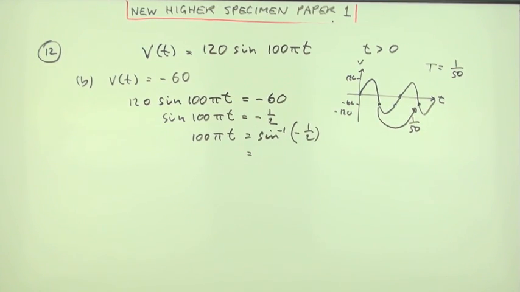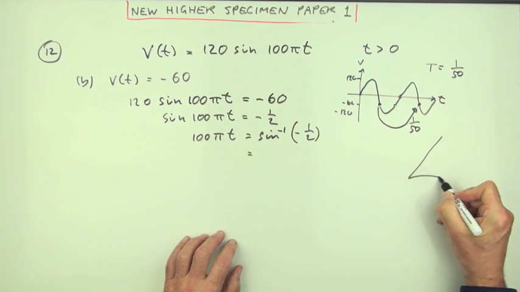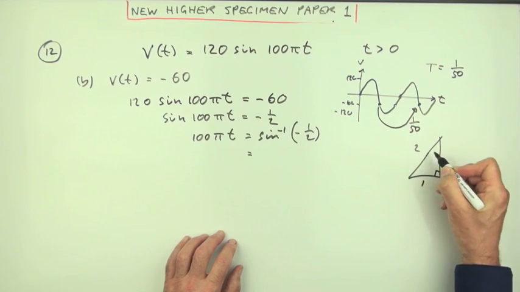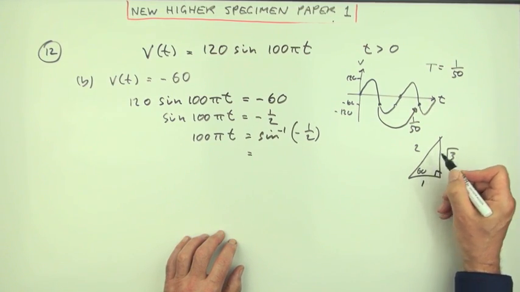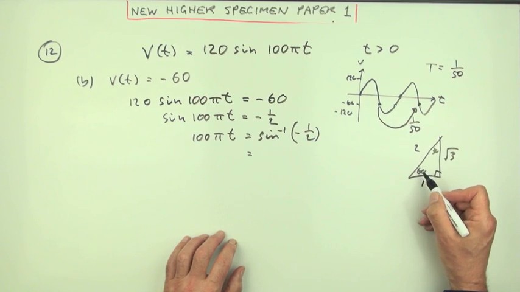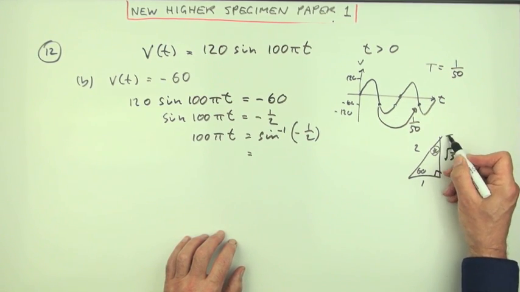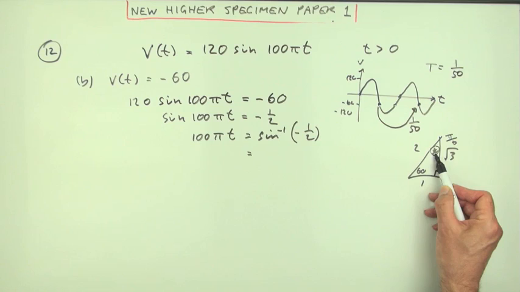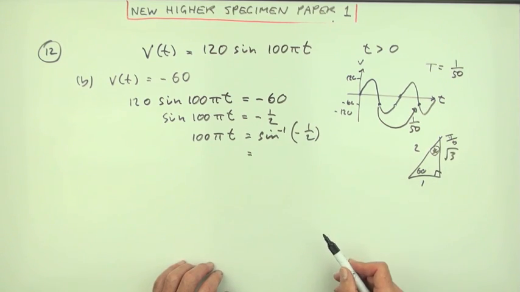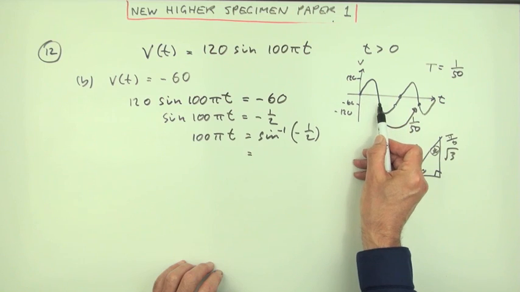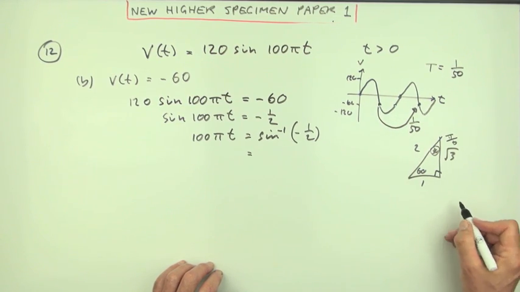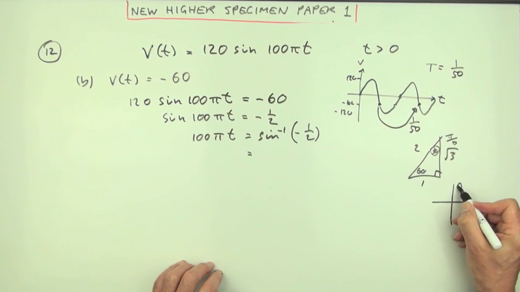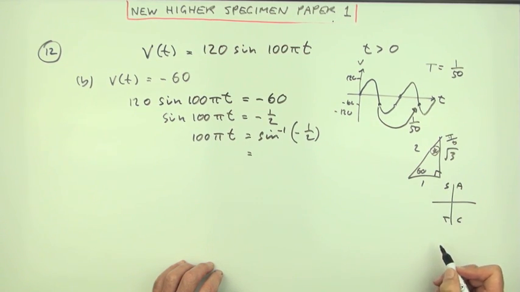Now you know that. If you don't remember it, put down the little triangle. 1, 2, root 3. Remember that's 60. Probably remember it in degrees first of all. 30, that's the pi upon 6. So sine a half opposite the 30, so that's pi upon 6. Not this one though, it's this pi upon 6 here. So you'd probably do it with your CAST diagram, I'm guessing. All sine tan cos.